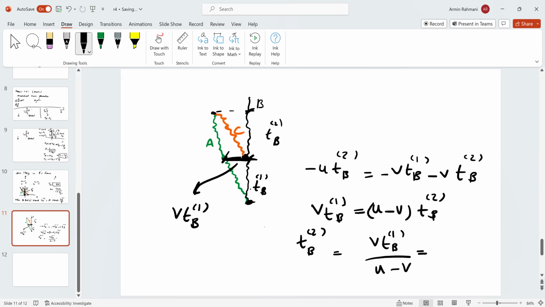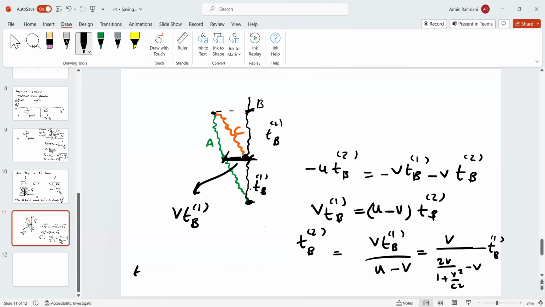Let's do that. So U we said is 2V over 1 plus V squared over C squared. And then we're subtracting another V from this, and that's multiplying TB1.